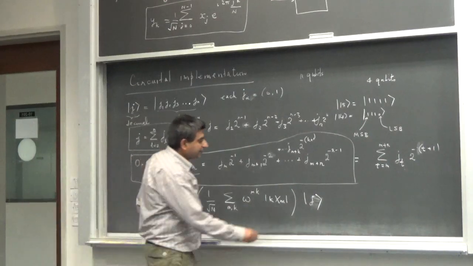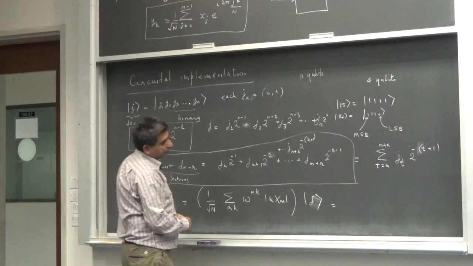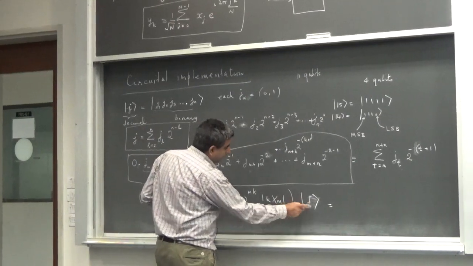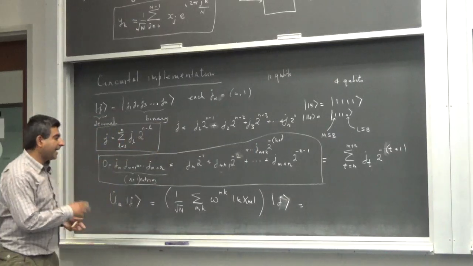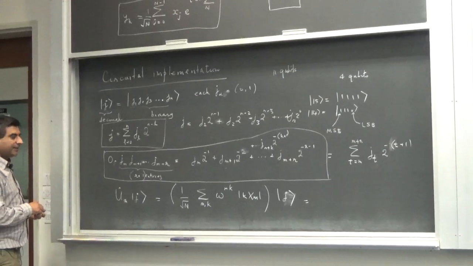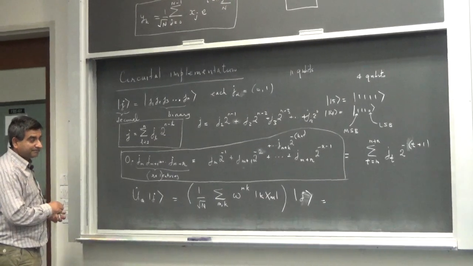I can just notice that if I were to take the inner product of ket m with ket j, the m's are going to vanish unless m equals j.